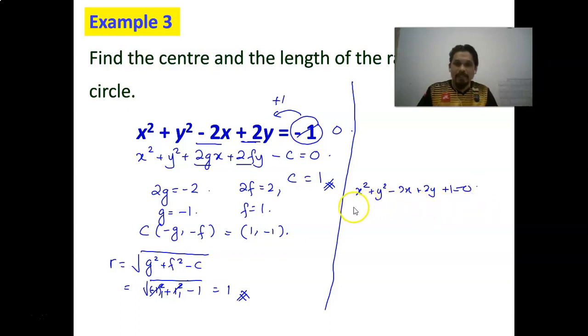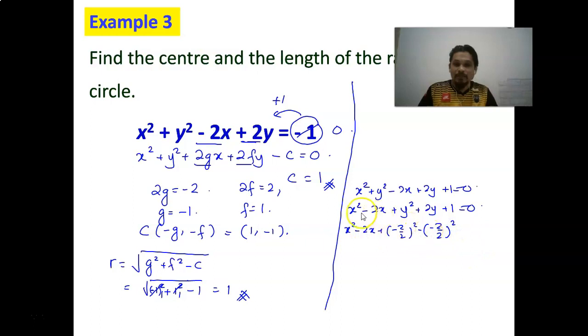Then we get x squared minus 2x plus y squared plus 2y plus 1. Do you still remember the process of completing the square? x squared minus 2x plus (negative 2 divided by 2) squared minus (negative 2 divided by 2) squared.